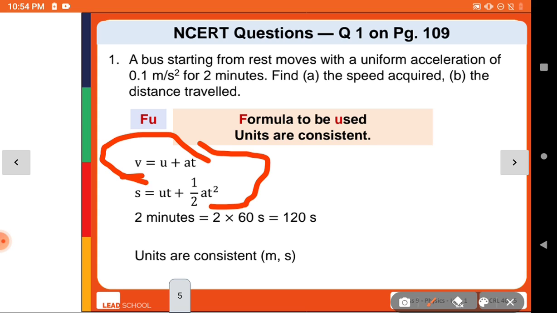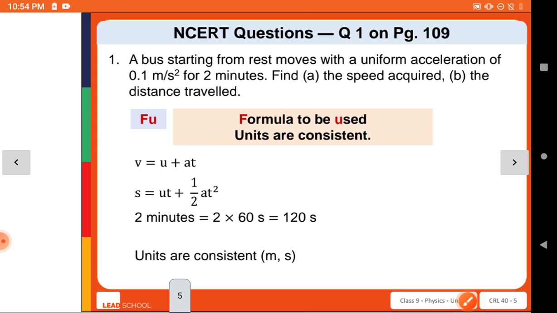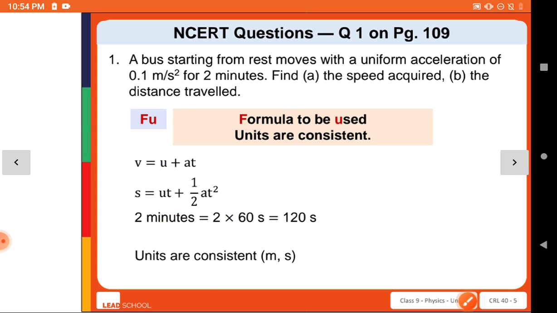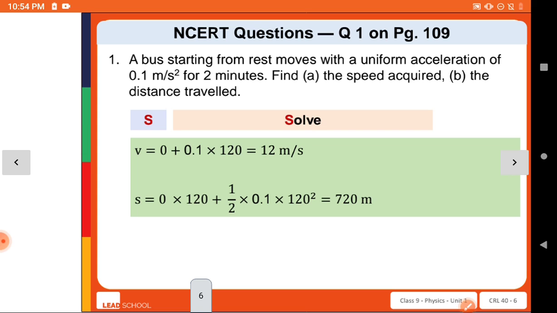So from the first equation we calculate the first part of this numerical. After that we put acceleration, initial velocity and time in the second equation, and we calculate the distance traveled by the bus in 2 minutes. The bus travels 720 meters in 2 minutes. So this is our NCERT question number 1 on page number 109.